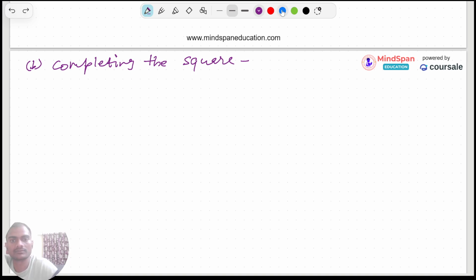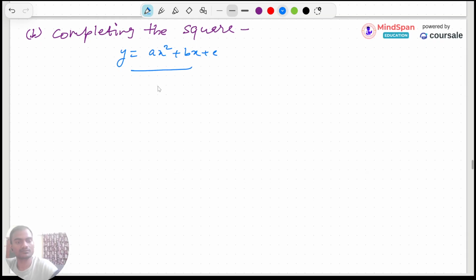Suppose we have an expression in this form, y equal to ax square plus bx plus c. Then what we do here is, we try to write this in this simple form, y equal to, let's say, x minus a whole square plus b. Okay? In this form, we can write it like this, right? By doing algebraic plus and minus, all those things, we can write it in this form.